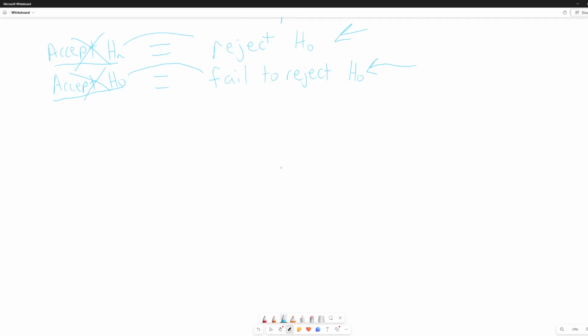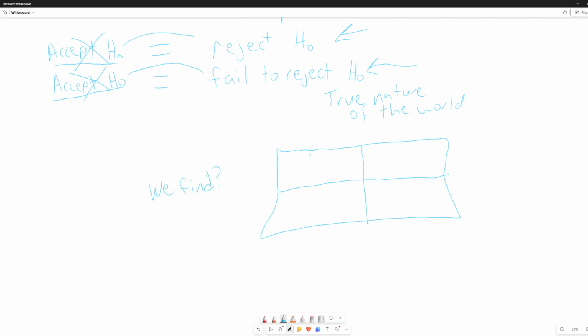Now, whenever we run a study, it actually creates 4 different outcomes when we run a study. So we've got to think about this. What is the true nature of the world? And what did we find? Meaning, what did we conclude in our study?